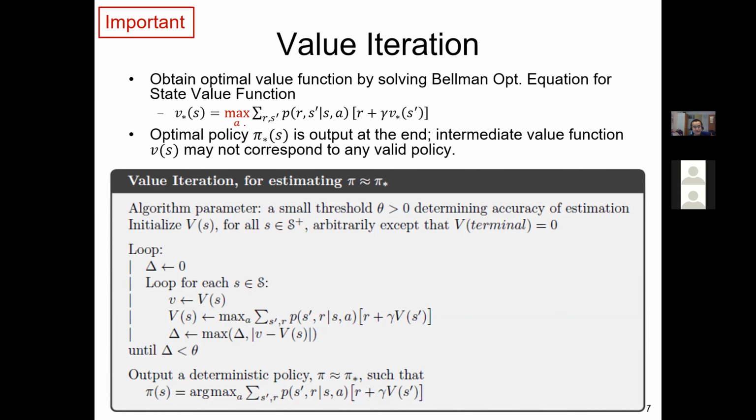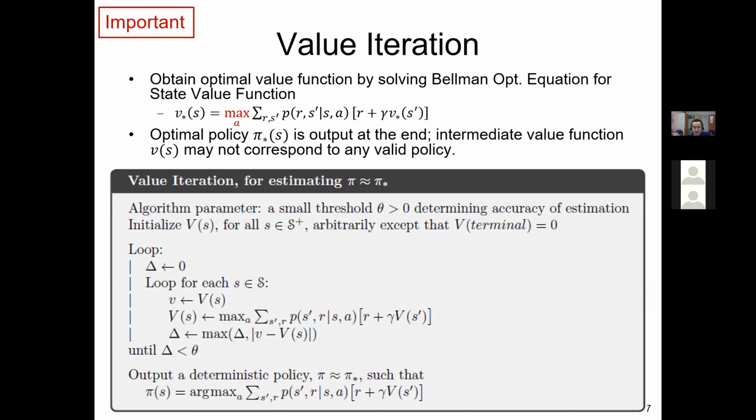The optimal policy is output at the end, after the convergence of the value function. In the loop, you iterate until convergence for the Bellman optimality equation. So you are trying to get the optimal value function for every state.